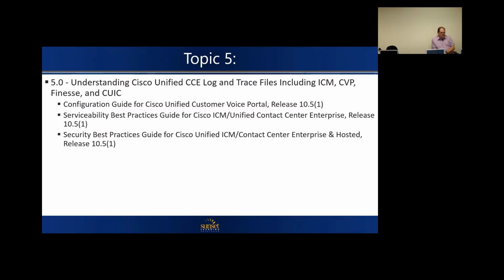Or for the log and trace information, there's a couple of questions where they'll show you output, like an EMS MON output from the JTAPI gateway process, and then they'll ask you what's a likely cause of that error. So for some of the specific error codes, I never could find an exact reference.